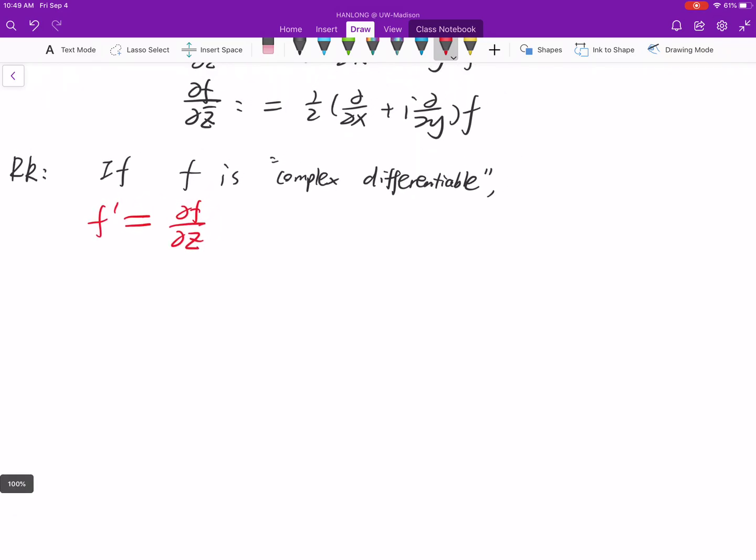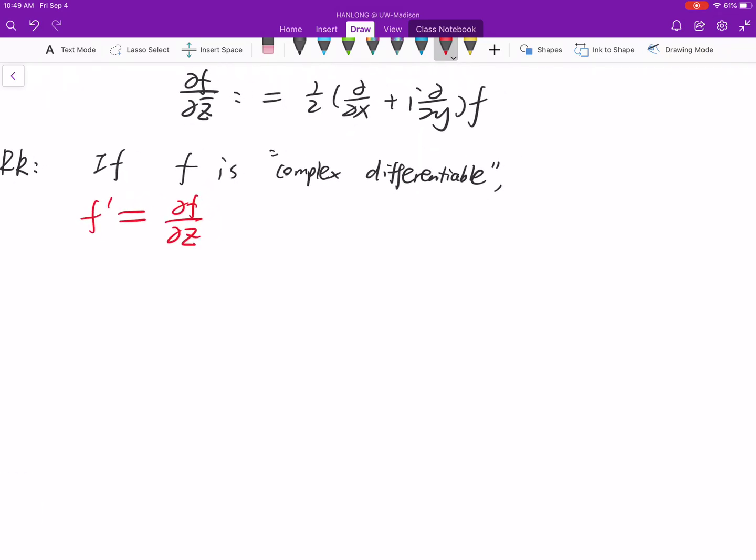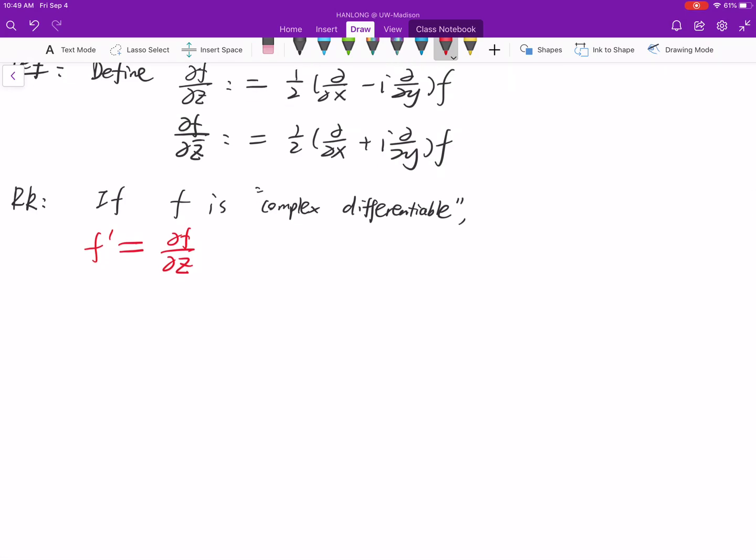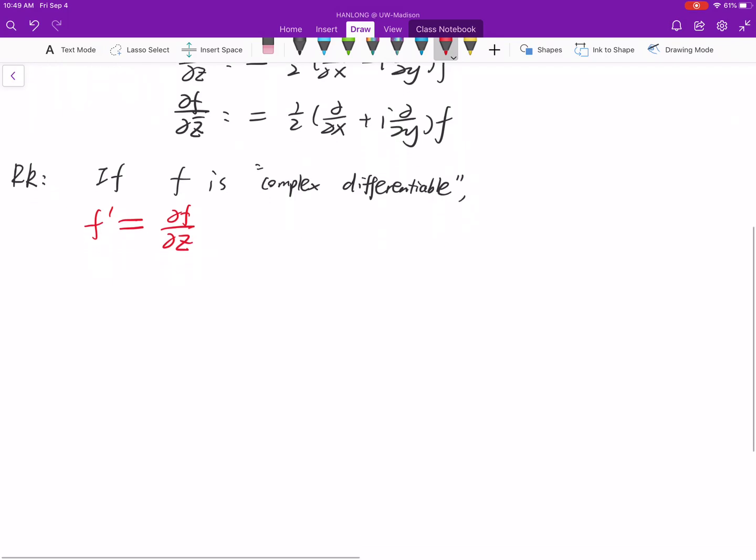Of course, here partial f partial z is always defined, even if f is not complex differentiable. But f prime, the complex derivative, is only defined when f satisfies the Cauchy-Riemann equation, partial f partial z bar equals 0.